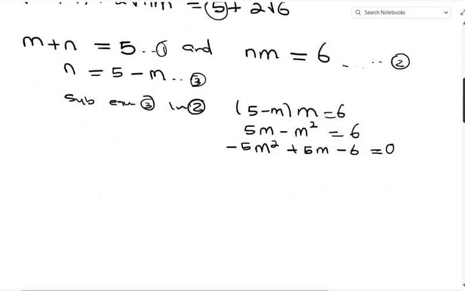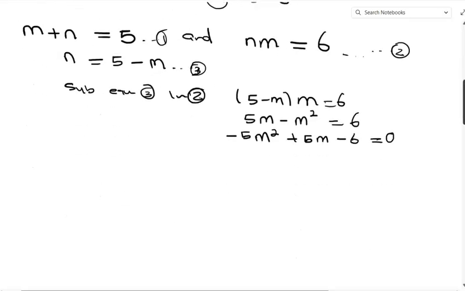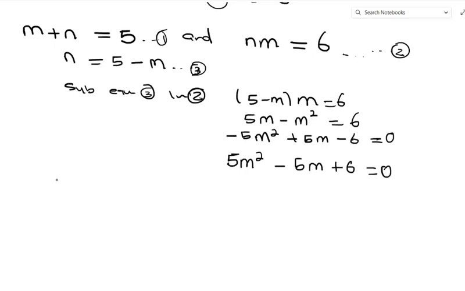Then from here we can say m squared minus 5m plus 6 is equal to 0.